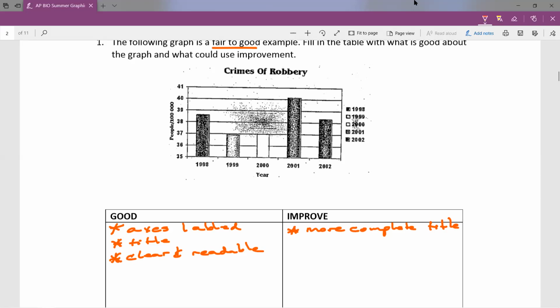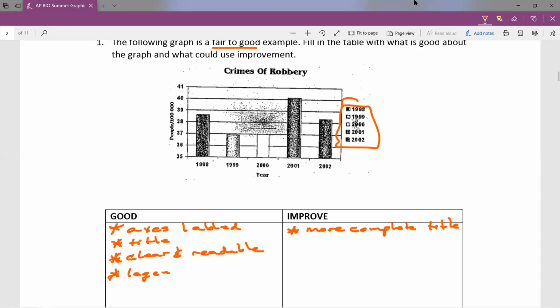They use their program, their Excel or their ruler or whatever. Okay, we've got over here our legend. The X and Y axes are labeled. We already said that.